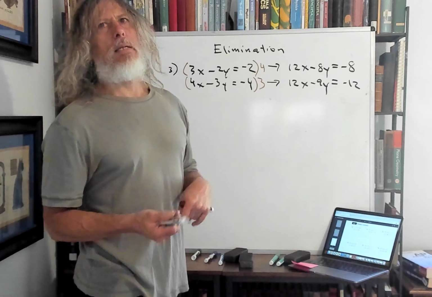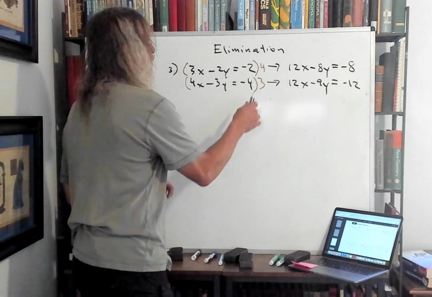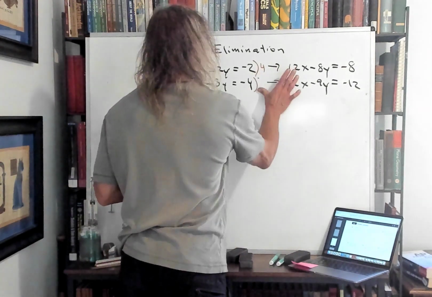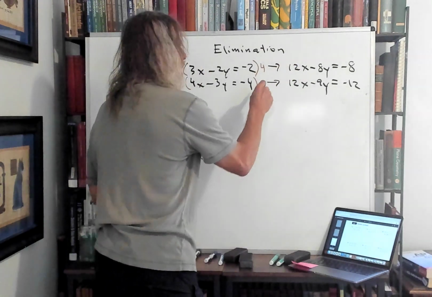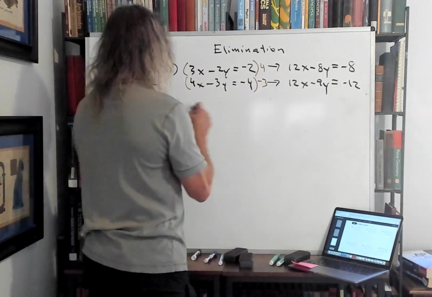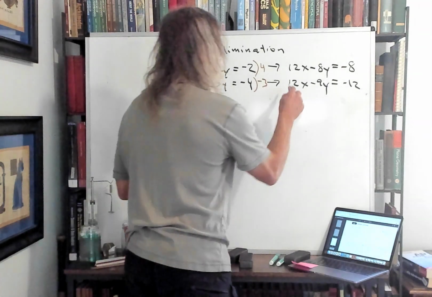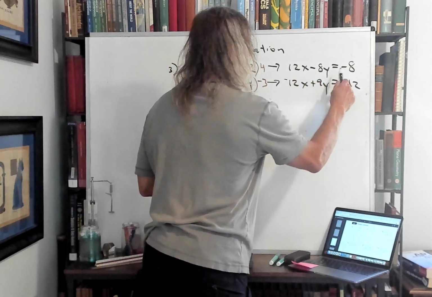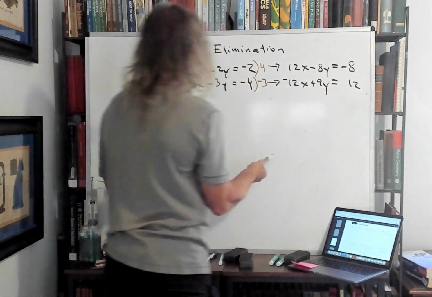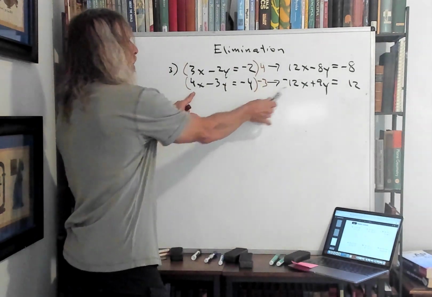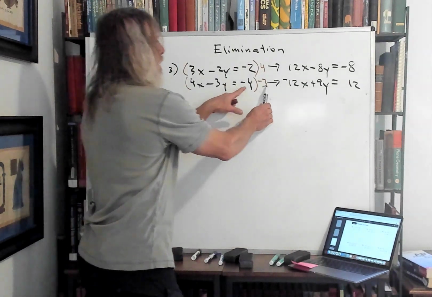And we can also subtract, but it's easier to think about adding. So we can multiply this by negative 3, okay? And that's one thing to watch for. Negative 3, and then we just change the signs. Negative, positive, positive. So, negative 12, positive 9, positive 12.